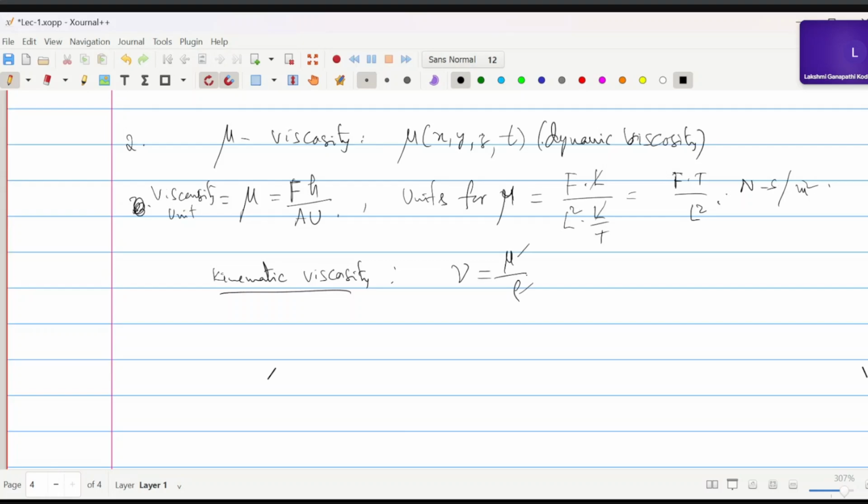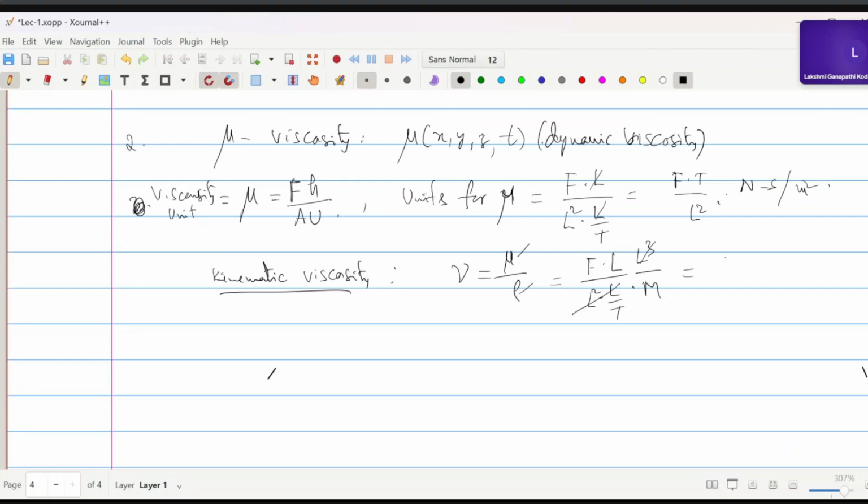Then if you use this, what you have here is FL divided by L squared times L by T, and divide by rho. Rho is M by V, so L cubed divided by M. So you can cancel now.